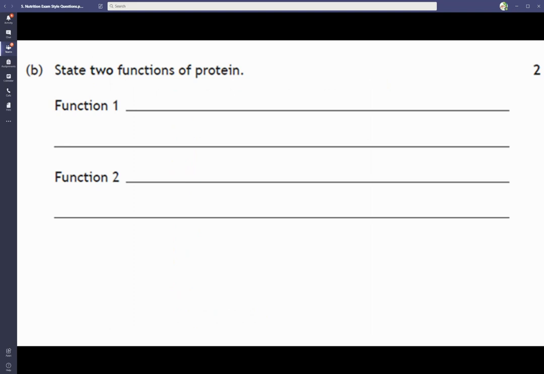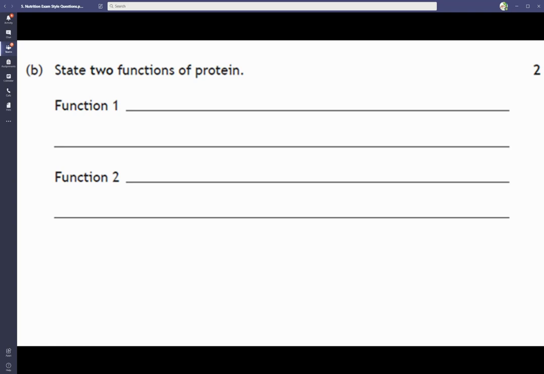Here we have got state 2 functions of protein, so the command word being state, and the amount of marks awarded is 2, therefore I need 2 answers that state the functions of protein. Now that may seem very straightforward. You can obviously see there's function 1 and function 2 written down there in the question. However, not always is it laid out like this.